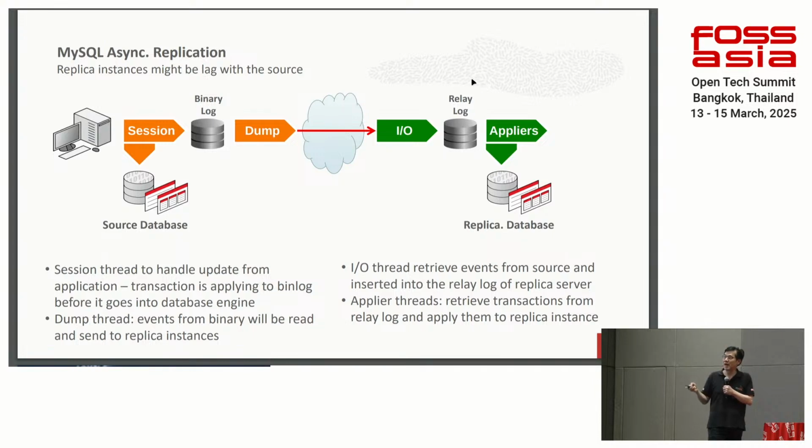So once the master server goes down, there's a gap. There's some data still not replicated to the replica server. So when we use this architecture to do failover from the master server to the replica server, there might be some data loss.